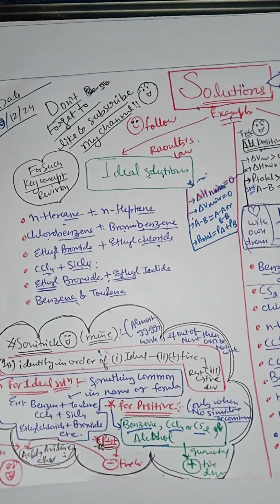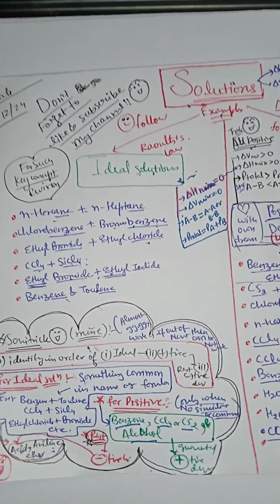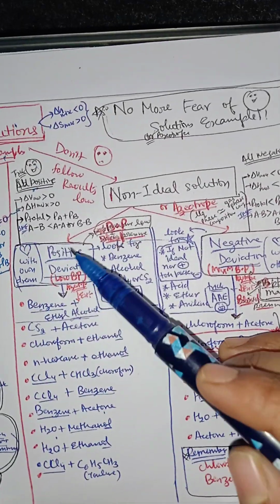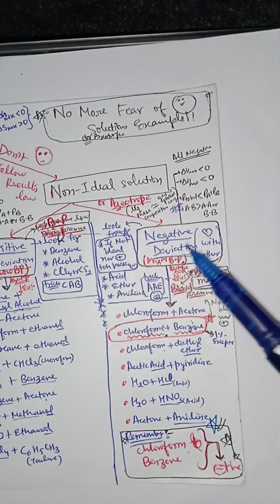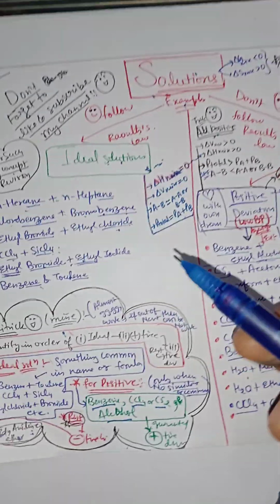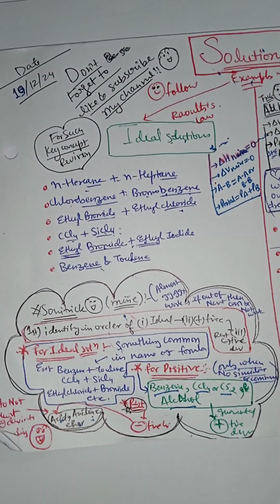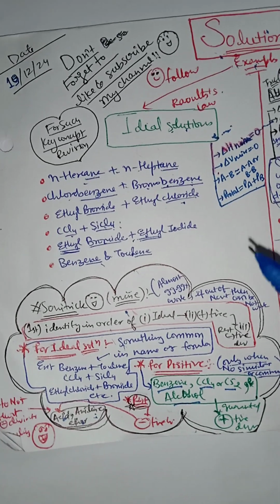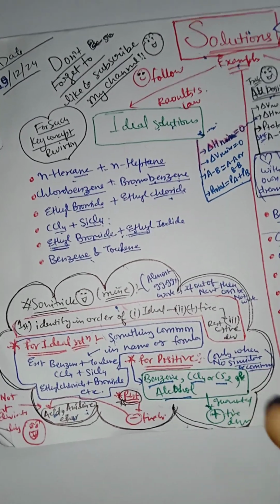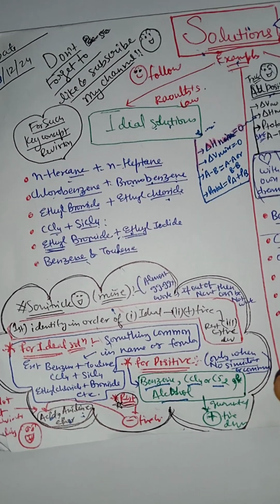But in non-ideal solutions there are two varieties: first, positive deviation non-ideal solution, and second, negative deviation non-ideal solution. Now, to know which one is given in the question, first of all look for a positive deviation non-ideal solution example.